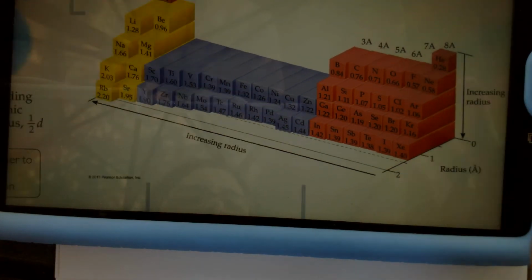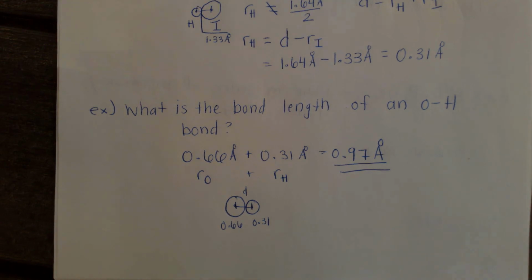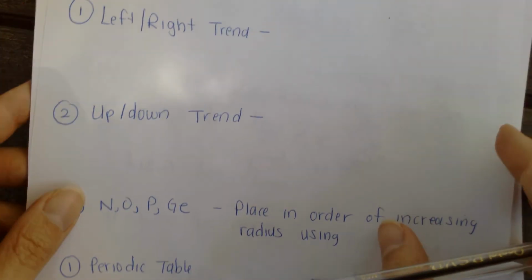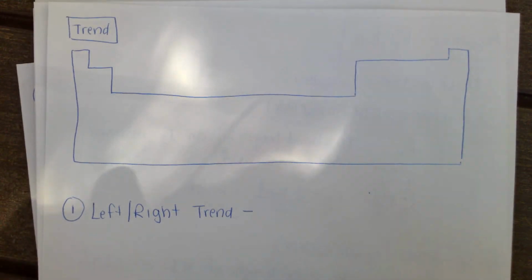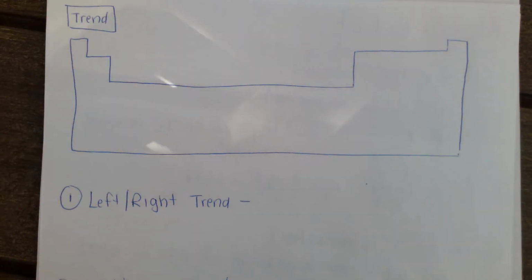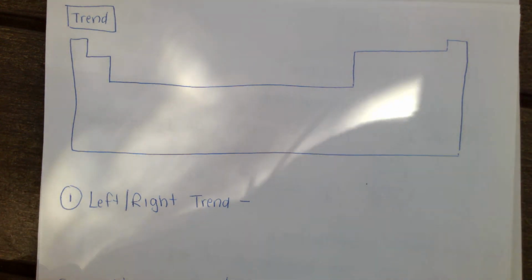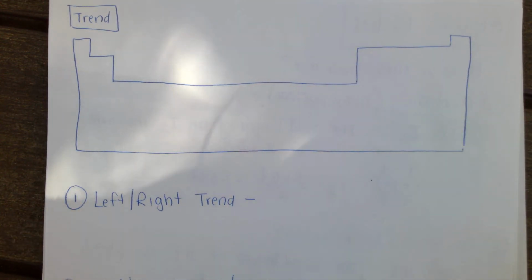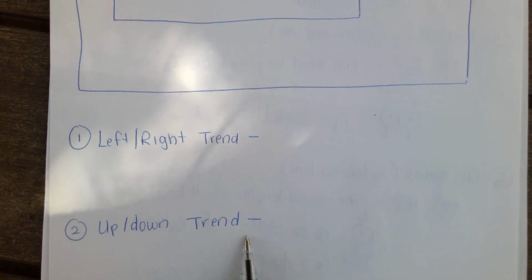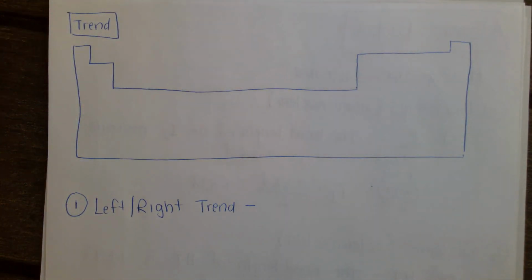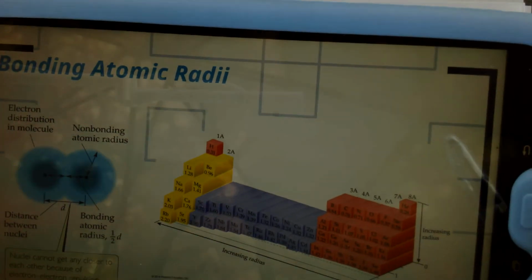Okay, so let's see what we have next. On the back, we're going to look at trends. Just like everything in this chapter, we want to figure out the left-right and the up-down trend. So let's go back to our diagram.